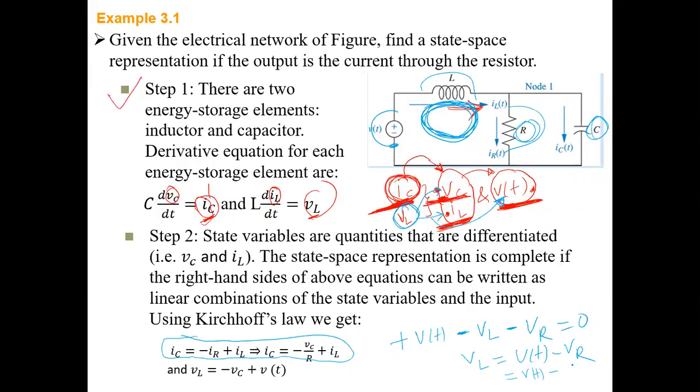So VR is replaced by VC, because our goal is to write VL in terms of VC, IL, and VT. So I'm done. I wrote it in terms of VT and VC. See? I have it. Now I have to go to step 3. So maybe I just stop it here for today.